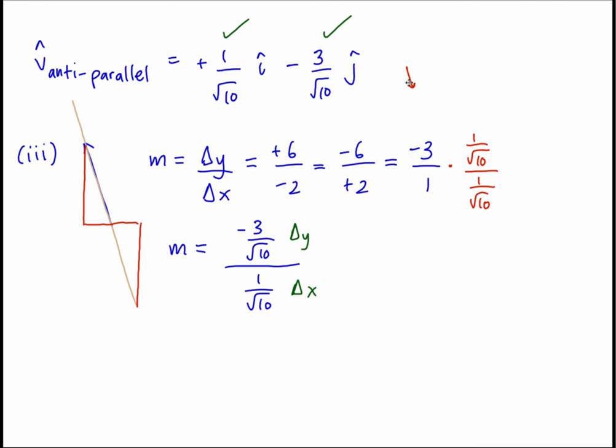Those rise and run values then correspond to the v antiparallel hat that we saw already, and the original v hat was in the same direction, not rotated 180 degrees, and would have had a slope value of positive 3 over root 10 divided by negative 1 over root 10.